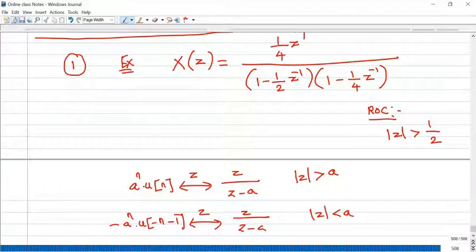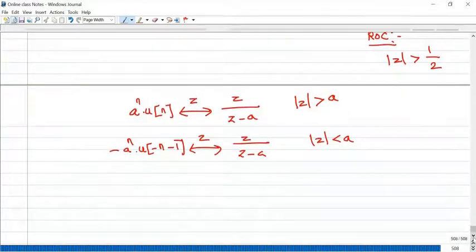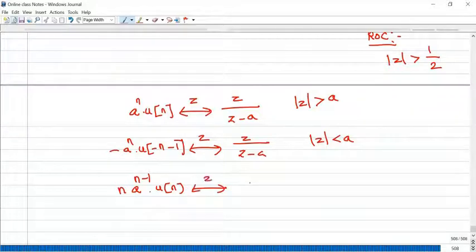These two are important formulas. Apart from this, n a power n minus 1 u of n is another formula; the result is z divided by z minus a whole square.